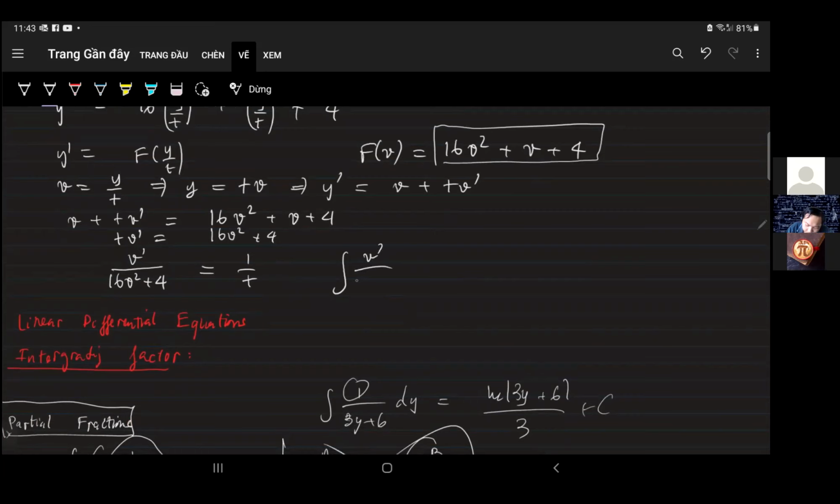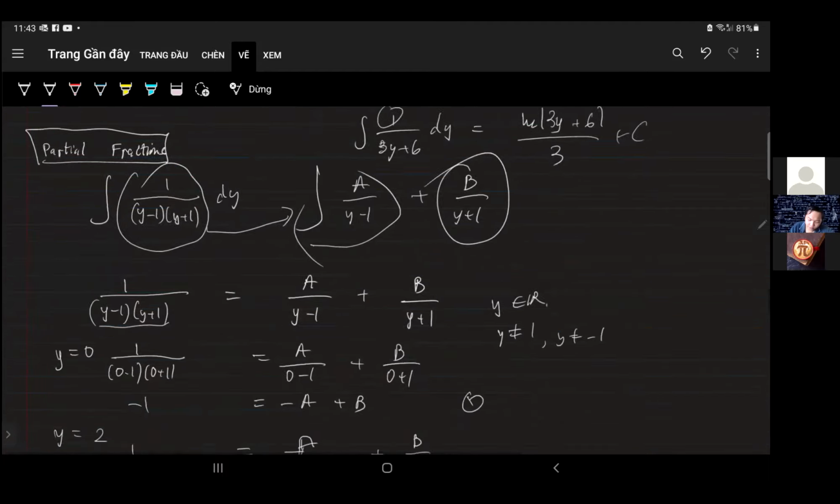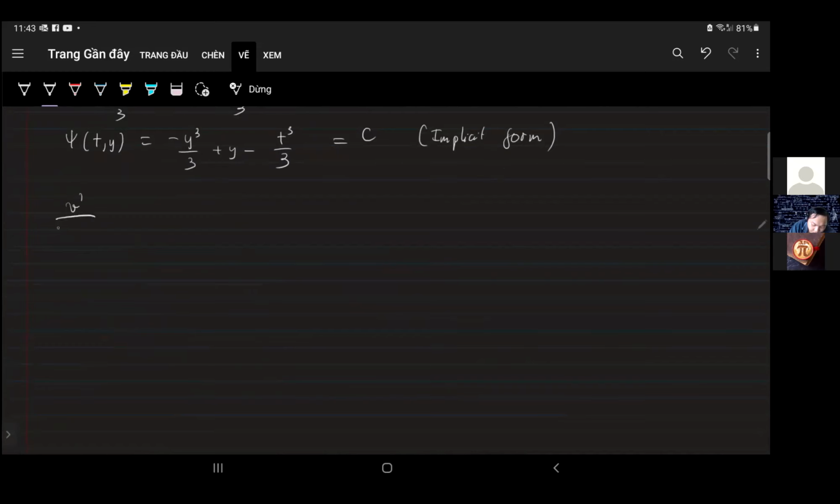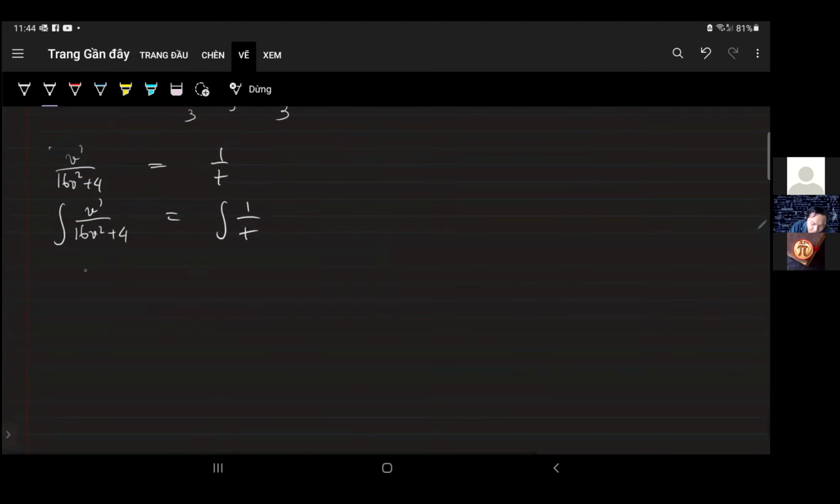The integral of dv over 16v squared plus 4 equals the integral of 1 over t.